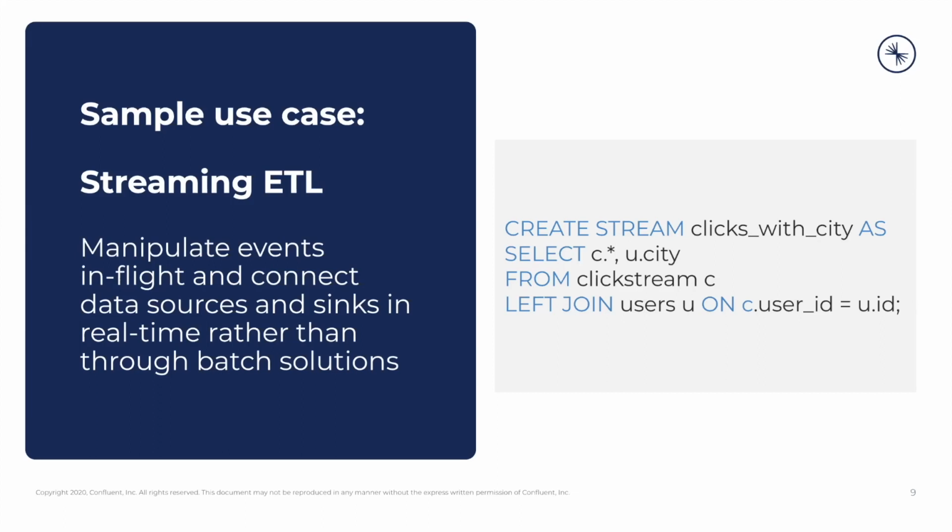What's happening under the hood, and I'll get into this a little deeper, is that both the users topic and the clickstream topic have the same number of partitions, and the user ID on the clickstream topic and the ID in the users topic are essentially the same field, and we use them as the key.